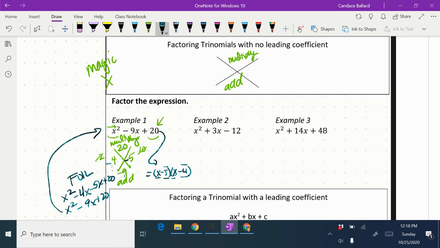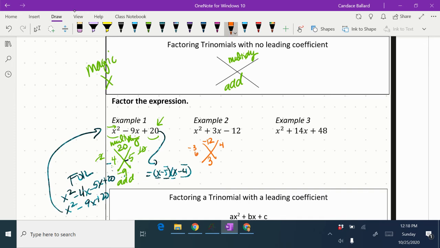All right, I'm going to try this again. So in example 2, I'm going to try to find 2 numbers that multiply to negative 12 and add to 3. So I'm going to try my possibilities. I have 3 and 4. If I make one of them negative, doesn't matter which one, they're not going to add to 3. So I'm going to try something else.